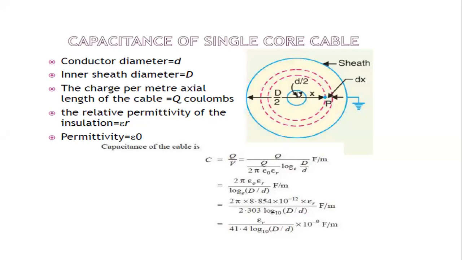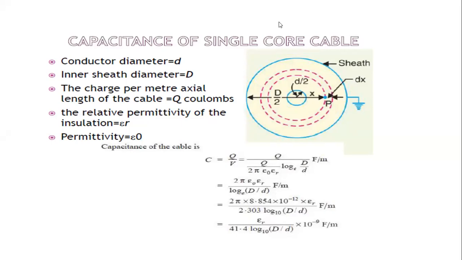This is the conductor and this is the insulation for the conductor. First, we calculate the capacitance of a single core cable. The conductor diameter is small d.